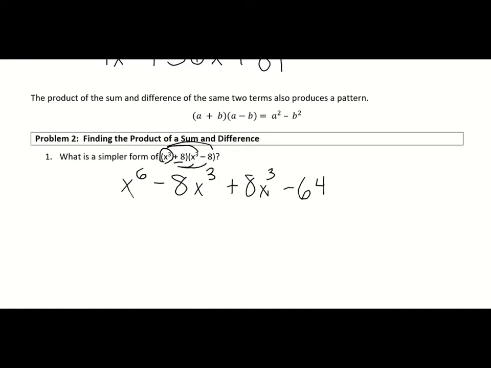Combine my like terms. In the middle, I got some x cubes I can add together. Negative 8 and positive 8 would cancel out. So all I would be left with in this problem is x to the 6th minus 64 as my final answer.